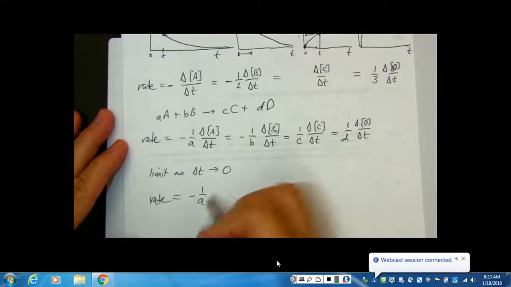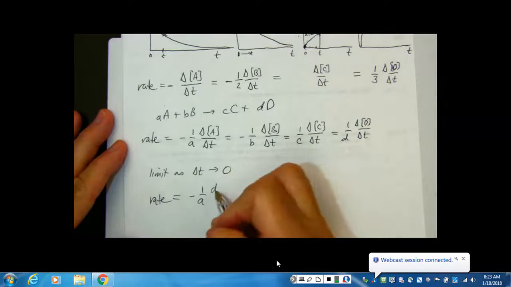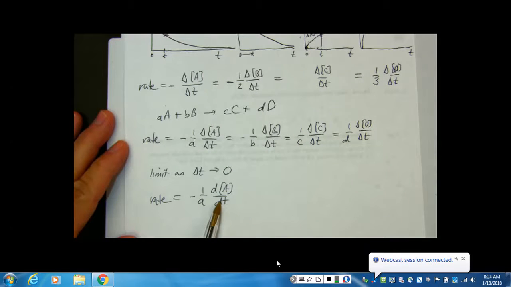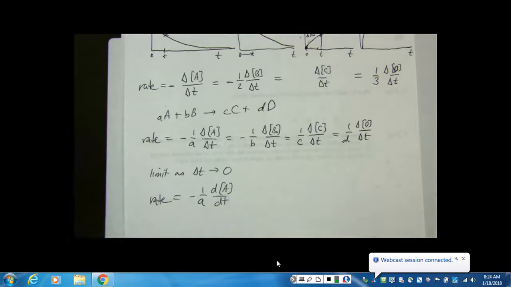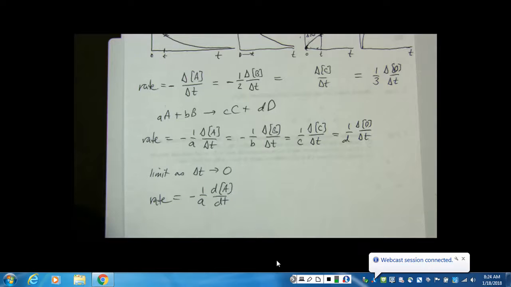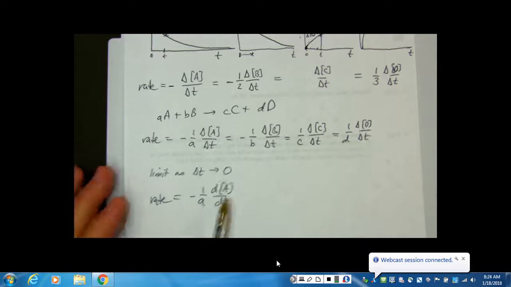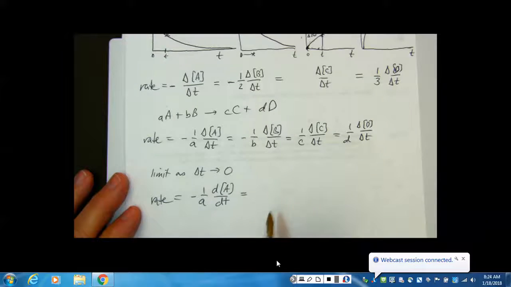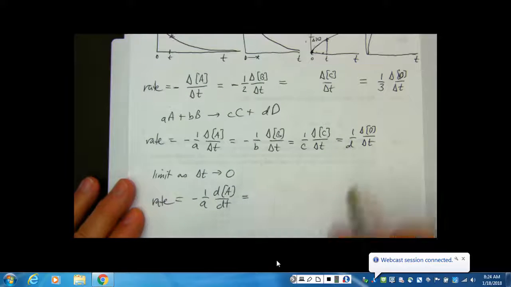Maybe it would be minus 1 over A dA dt, right, where that represents a derivative. You've talked about derivatives now in calculus, right? Most of you had a full semester at least of calculus. And I think you still talk about derivatives in the very first part of calculus. So what is this equal to?